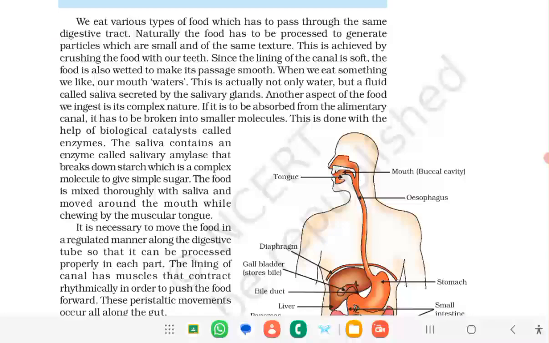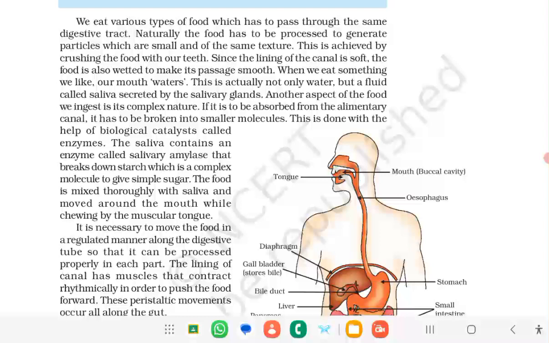We eat various types of food which has to pass through the same digestive tract. Naturally, the food has to be processed to generate particles which are small and of the same texture. This is achieved by crushing the food with our teeth.